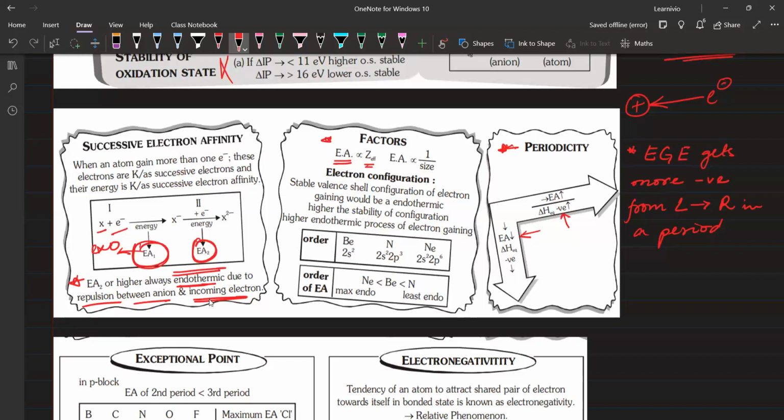And similarly, going top to bottom in a group, it gets less negative. Okay, so this will be more effective. You write it like this: electron gain enthalpy gets more negative left to right. As we go from left to right, it becomes more negative, and as we go from top to bottom, it becomes less negative.